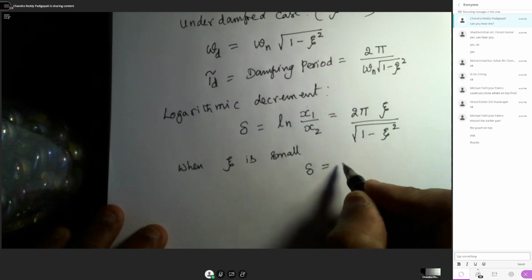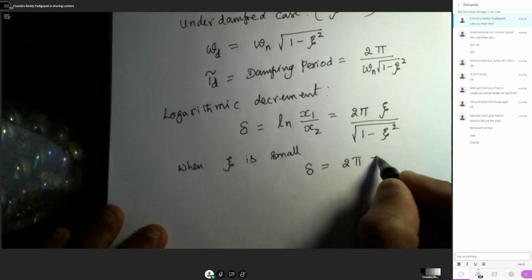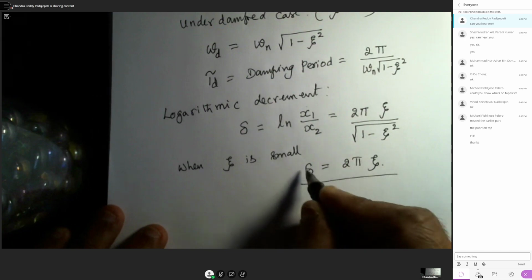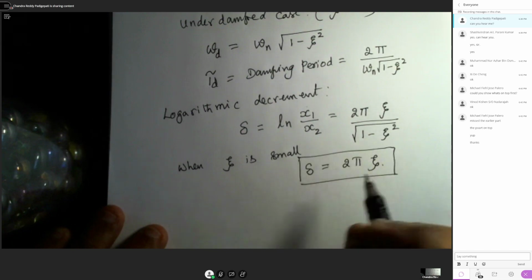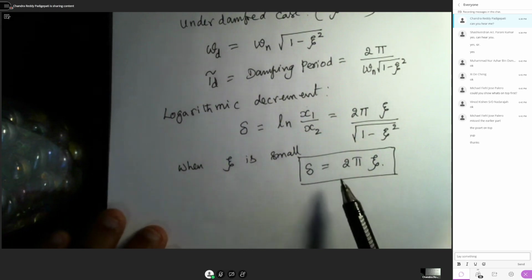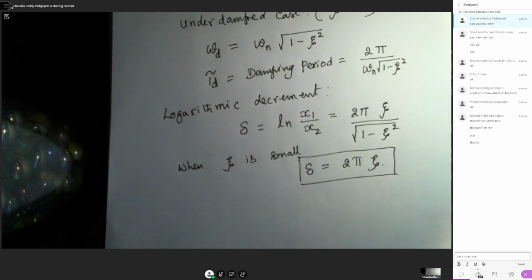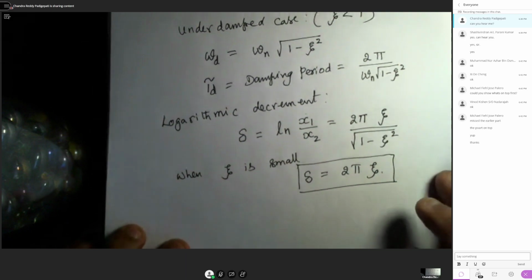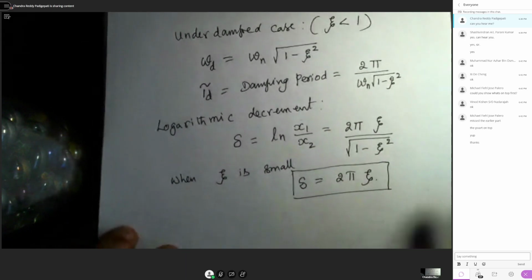So we can write delta, the logarithmic decrement, as 2 pi into eta. This is only when the damping ratio is small. All right, so we have seen all these things in the last session. This is just a quick recap.